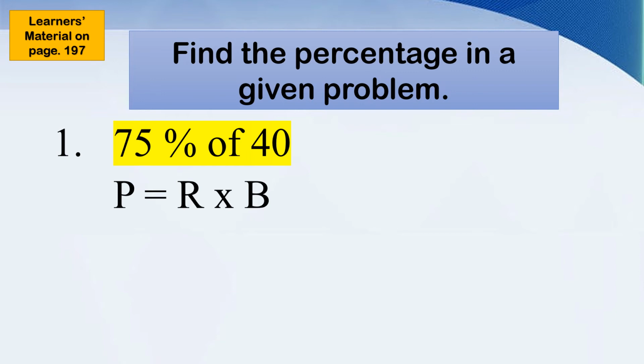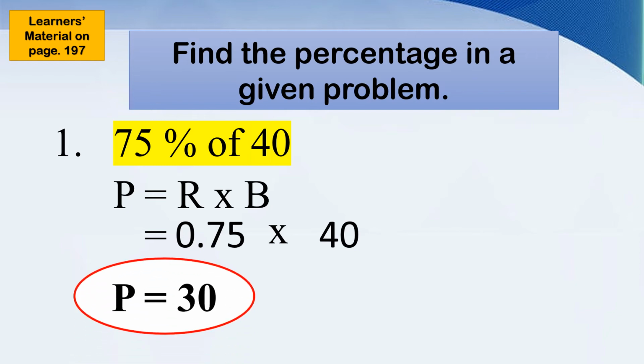What is our rate and base in item number 2? Our rate is 0.75 and the base is 40. 0.75 times 40. Get the product of the rate and the base.